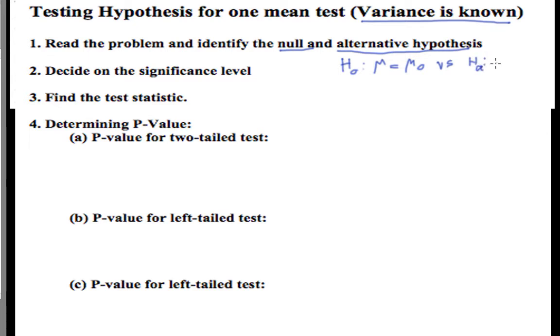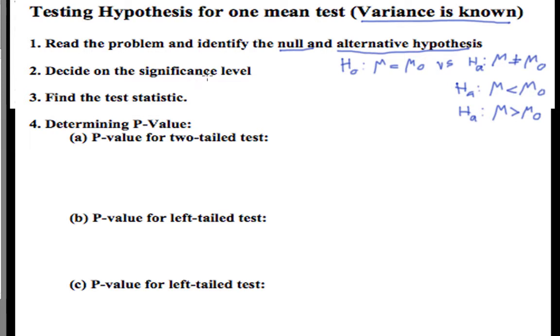We have three options: mu not equal mu naught, which is called two-tail test or two-sided test, then mu less than mu naught, lower tail test and one-sided. Last one, mu greater than mu naught, is also one-sided and upper tail test.